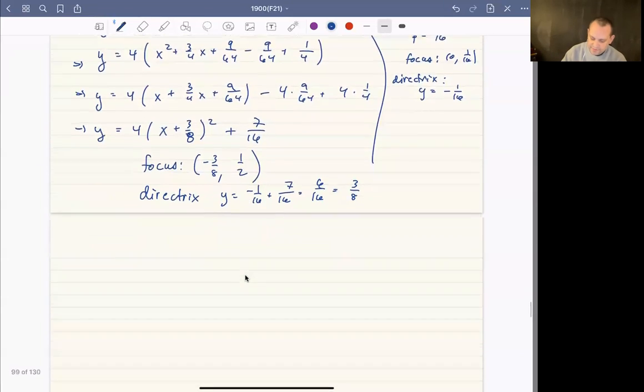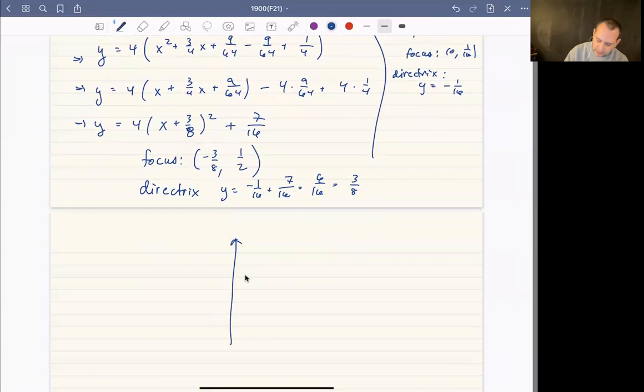And then if you were to graph this, we would have our directrix as y equals 3/8, something like that. Our focus would be negative 3/8, 1/2. And then the parabola would be something like here, and your vertex would be this point here, the very bottom point.